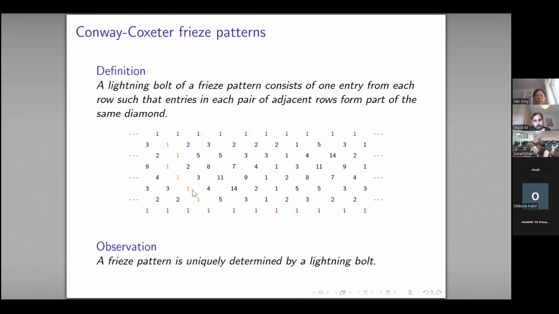So what is the relation between the lightning bolt and the cluster algebras? I mean, how do we model this lightning bolt with some nice object that has some connection with the cluster algebras?